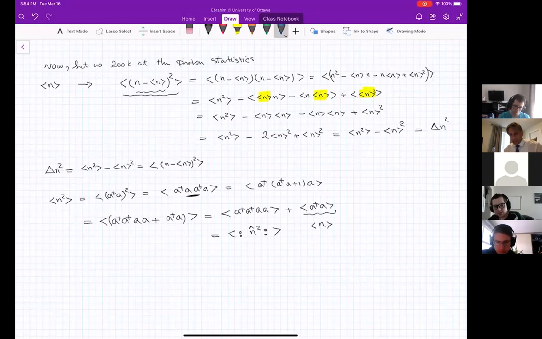Now we can look at the n squared as well. And what will be the result of this?